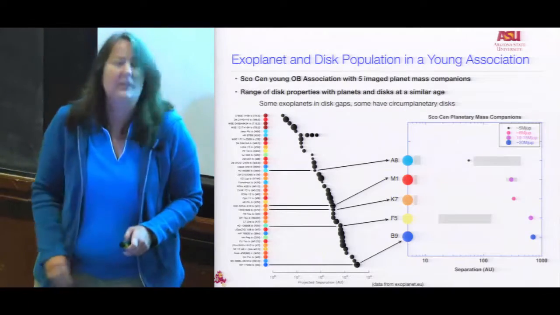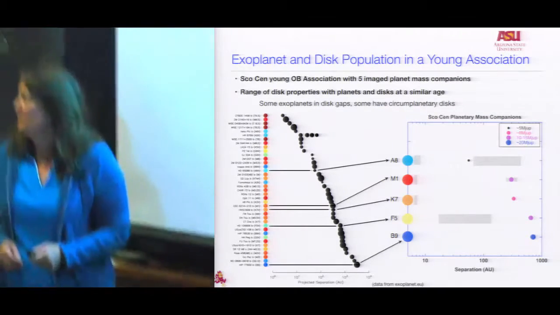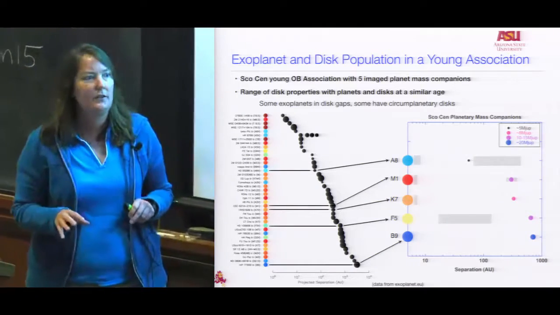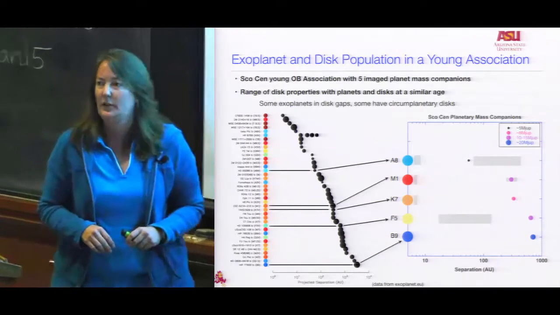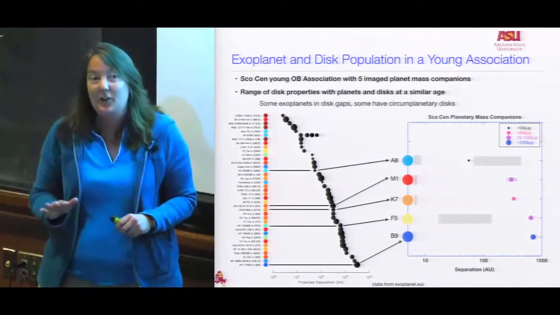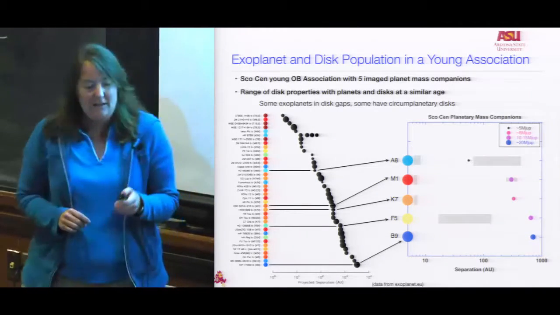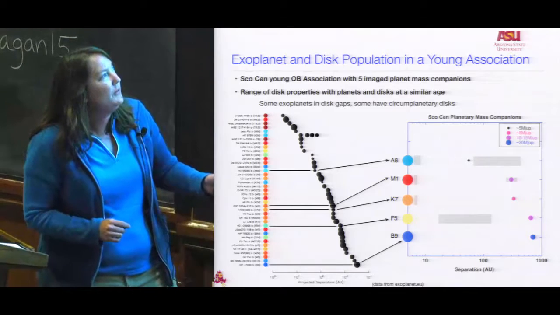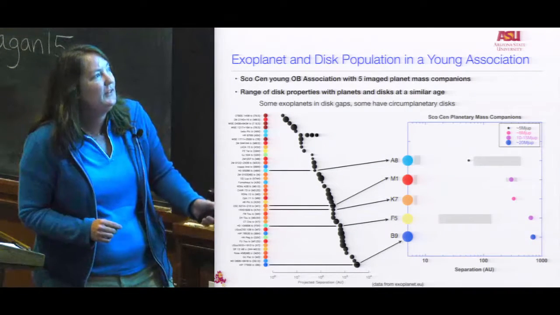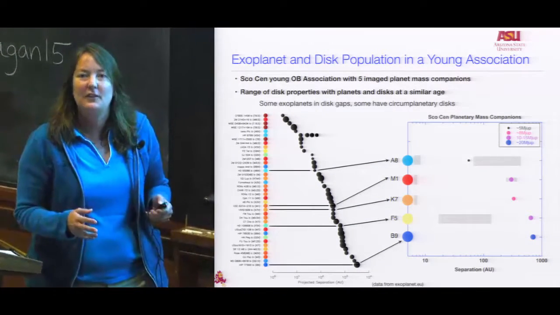And if we look specifically at planetary mass objects that have been imaged around a particular young set of objects in the Sco-Cen association, this is a region that's only in the 5 to 10 million year old range. We can investigate, for the systems that have planetary mass companions, what types of disks they have.